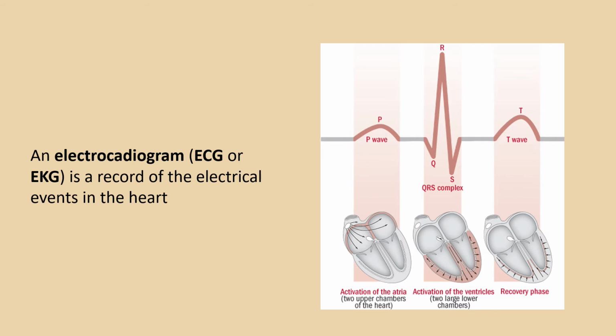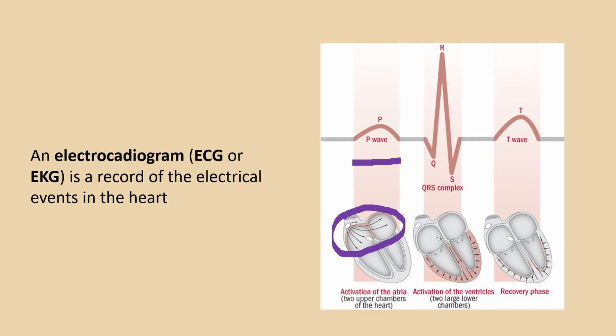And the artist used shading to illustrate down below the electrical events that are occurring in the heart that produce this particular characteristic ECG trace. So during the P wave here, the SA node fires an action potential, and that electrical stimulus is transmitted throughout both atria. As the atria depolarize, it's recorded as a P wave on the ECG.